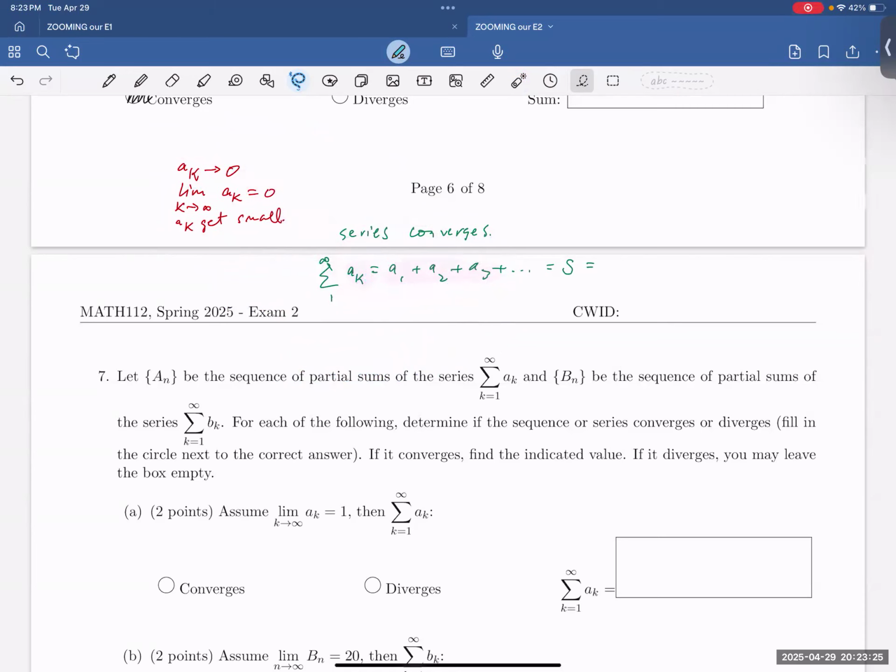All right. So let's say you are right here and you're going to walk through the terms of the series. And as you do that, you're going to add them up. So as you walk through a1, you put a1 in your basket, and that's what your sum is right now. Your partial sum is the first term. And then you keep walking and you add up the first 2. Now you've added up 2 terms and you're getting closer to the actual sum. And then you add up 3 terms, then 4 terms.